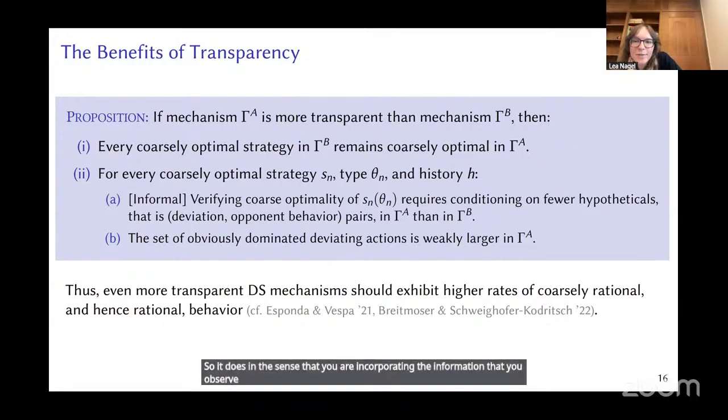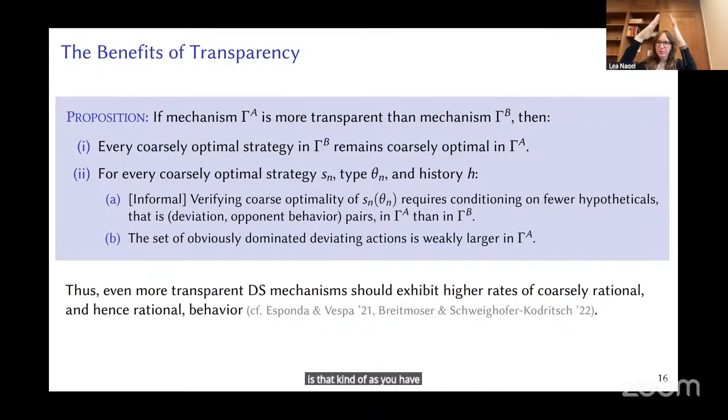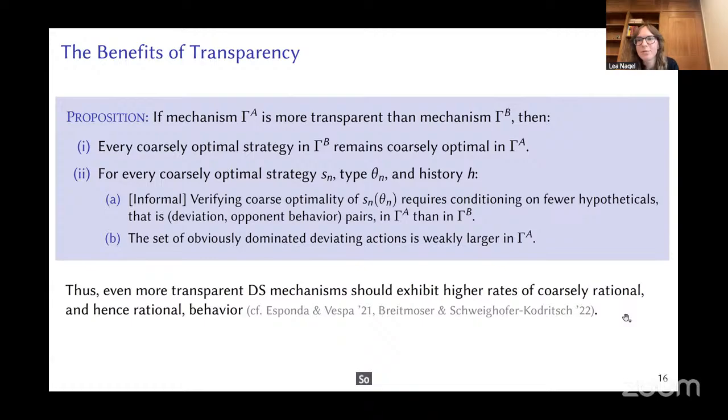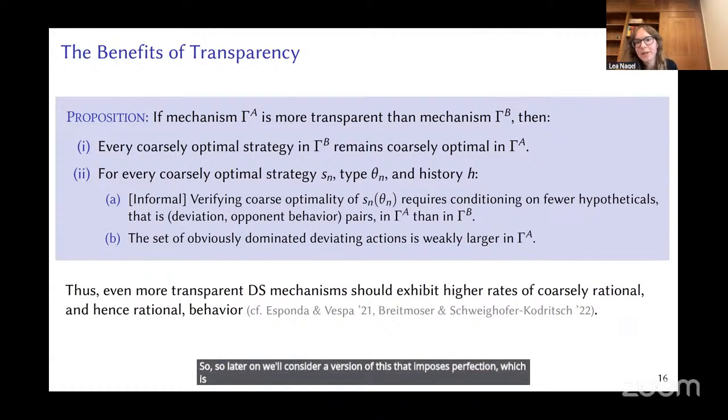This is what's making your set of coarsely optimal behaviors expand: as you have more information about the part of the game tree that we're in, you might actually now be indifferent between more of your behaviors. So in that sense, you are making use a little bit of the information, but you're right that later on we'll consider a version of this that imposes perfection, which is going to be the closest to that.